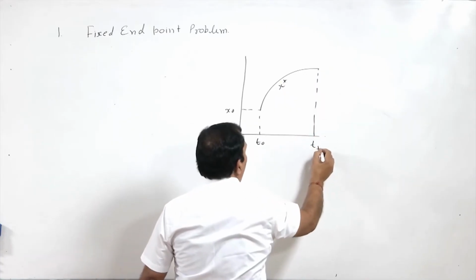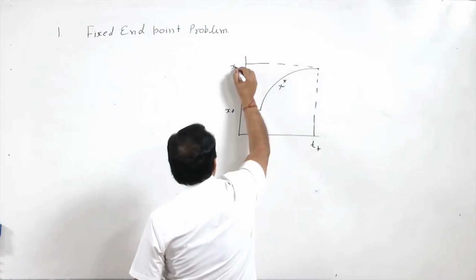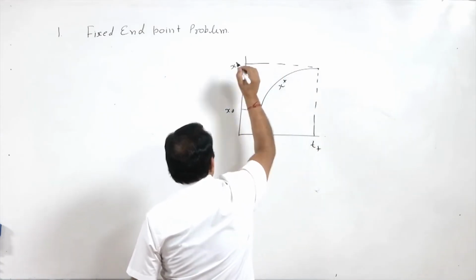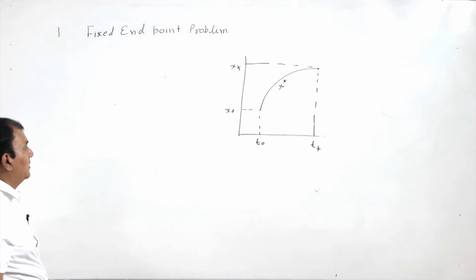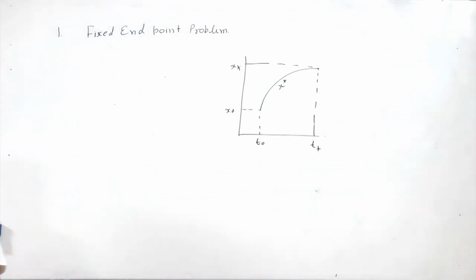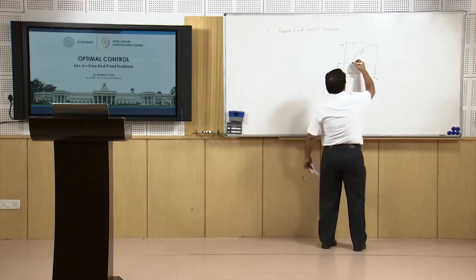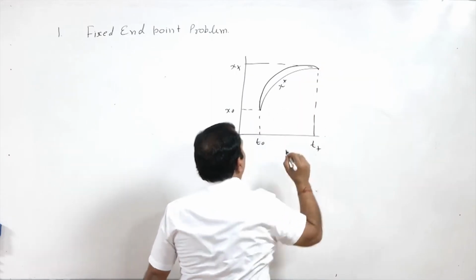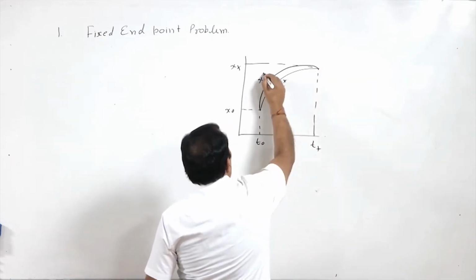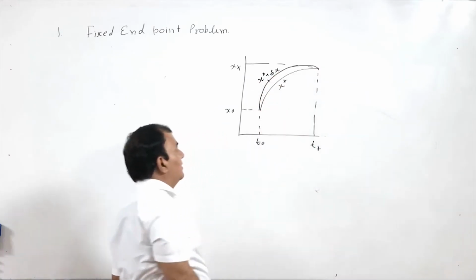So, my Tf is also fixed, as well as the final xf is also fixed. So, in this case, if I have the variation as x star plus delta x.